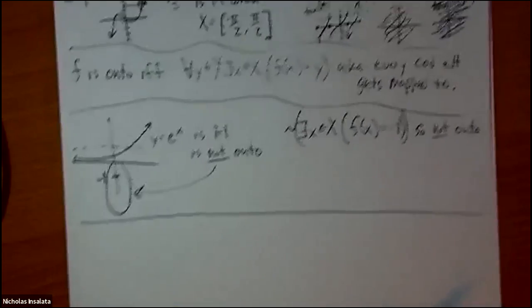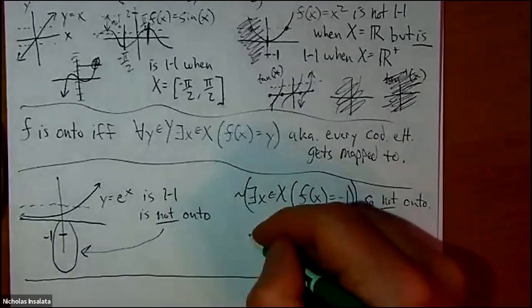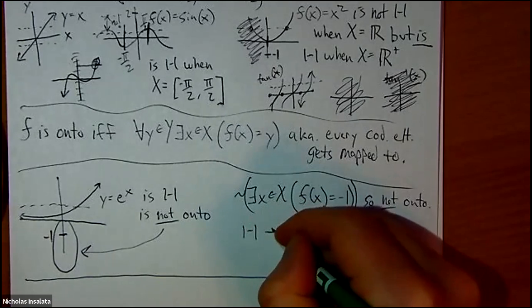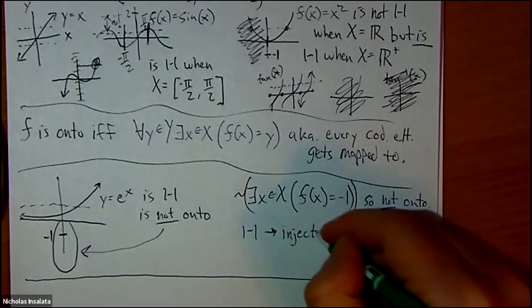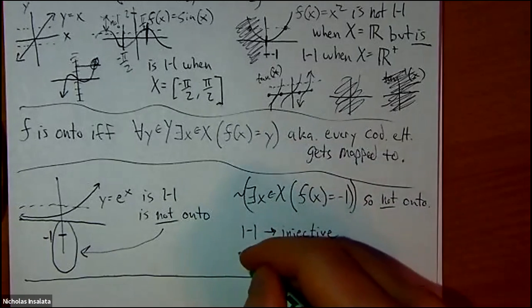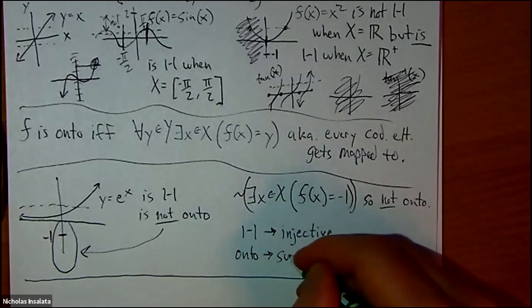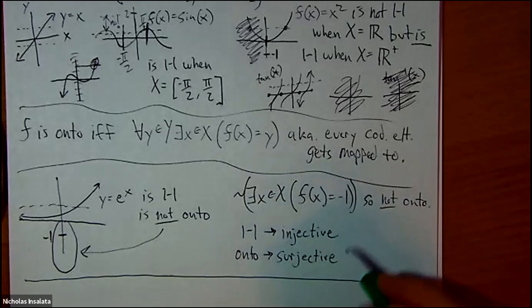Okay, so first of all, let me throw another little bit of vocabulary at you. A function is one-to-one, that's called injective. And onto, that's called surjective. There's just some vocab.